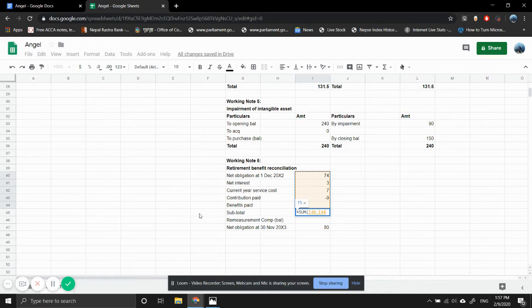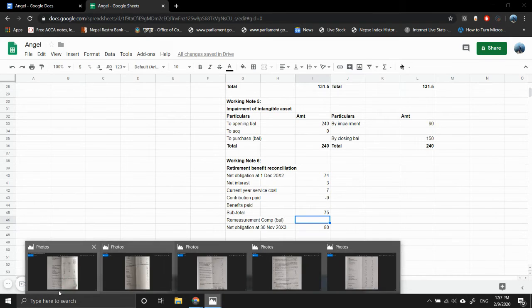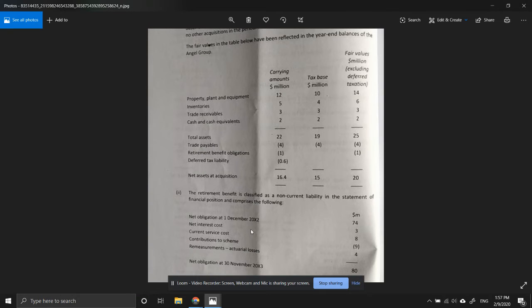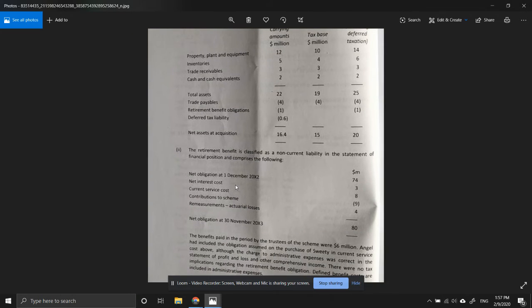Sum of all this, 75. Okay, remeasurement component is 4.